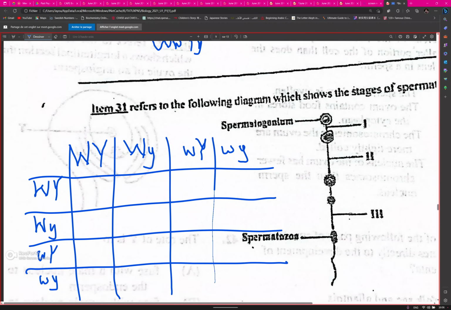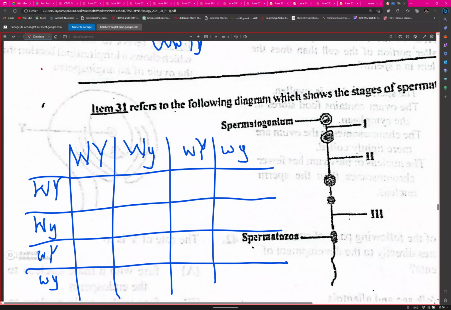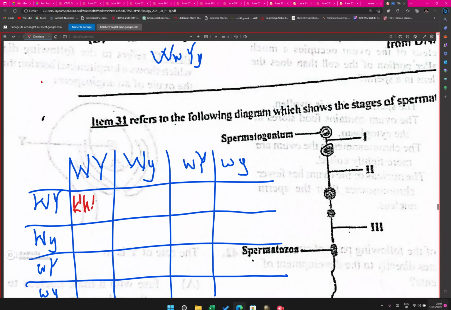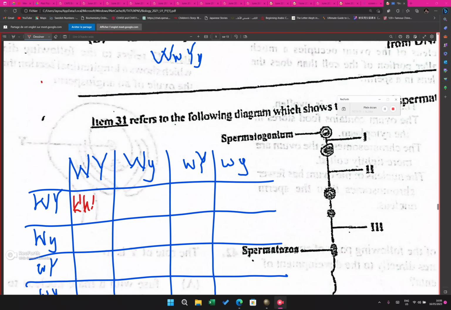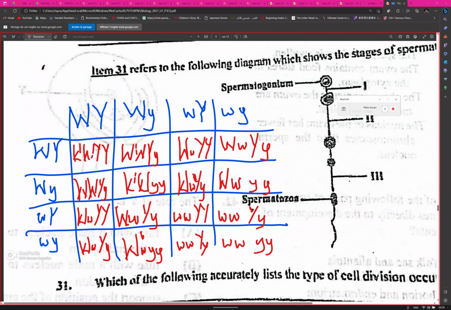Right, so let us have a cross to determine what is happening here. Let me change the color of my pen first. So for the first box here, we're going to get two large W's and two large Y's. So I'm going to write it out and then get back to you.